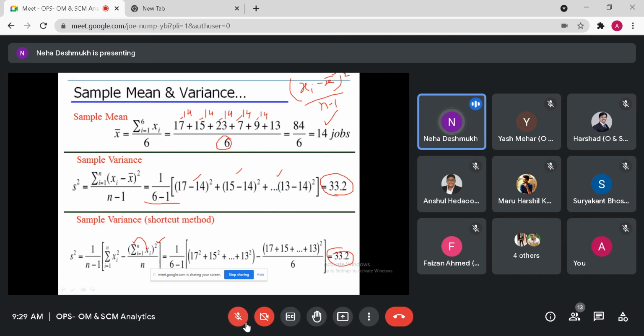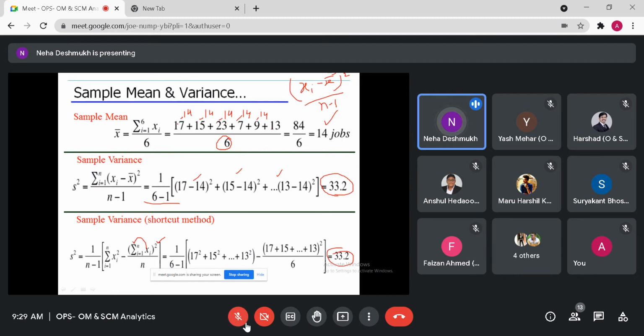Now sample variance s square is xi minus x bar whole square, means you have to subtract x1 minus x bar, x2 minus x bar, x3 minus x bar, means subtract the mean from each individual observation like this.